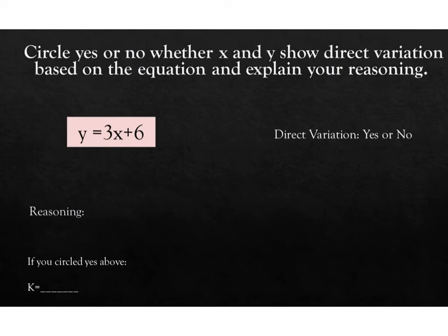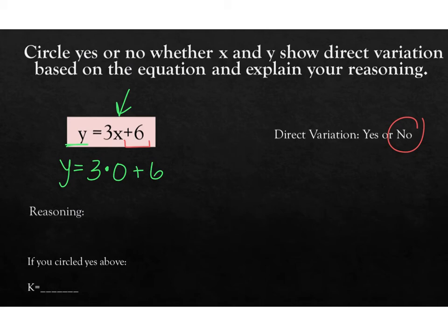We've got an equation here, and we talked about this before. If we have a plus or a minus, we already know that the answer is going to be no here. But let's talk about it for a second, okay? One of the reasons that this is a no is because if I try to see if it goes through the origin, so if I do the same thing and plug in a 0 for my x here to figure out what my y is, let's do it. So y equals 3 times 0 plus 6.